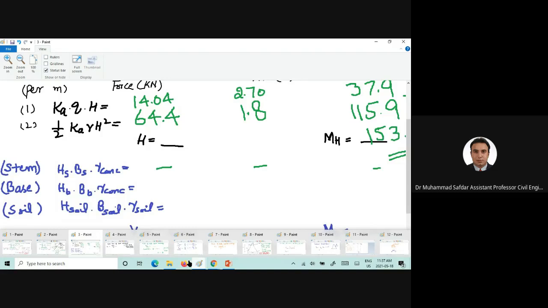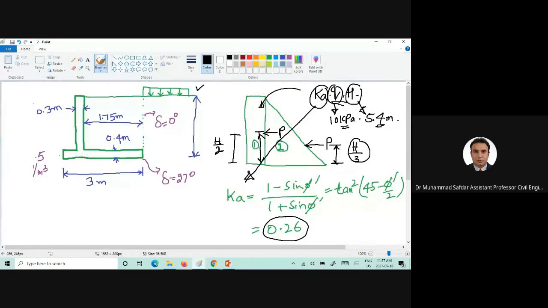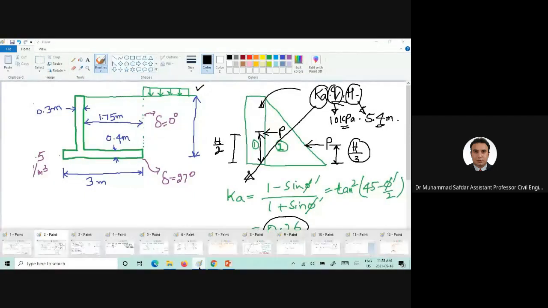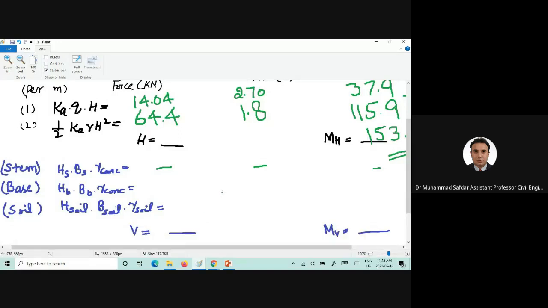Let me show you here. This is the stem, this is the base, the weight of the base, and also the weight of this soil would be acting downwards, or vertically. In order to find the values, I have simplified it for you: we need the height of the stem, the width of the stem, and the unit weight of the concrete.